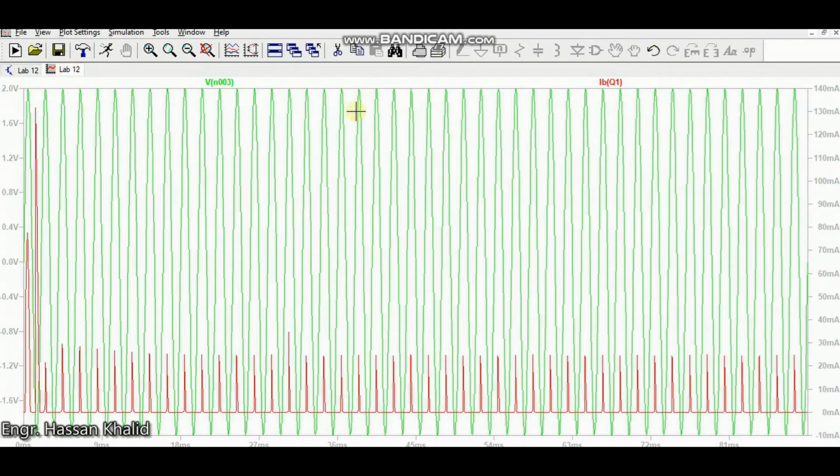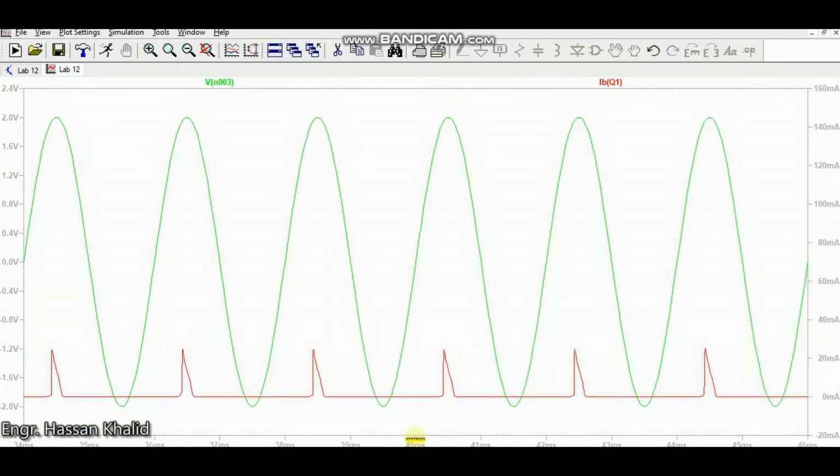I need to check the on and off time so that I can calculate it. The green signal represents the input voltage, and you can see that my conduction is at 90 degrees, so I can calculate my on and off time. Since my frequency is 500, 1 over f will give me the total time, that is 2 millisecond.